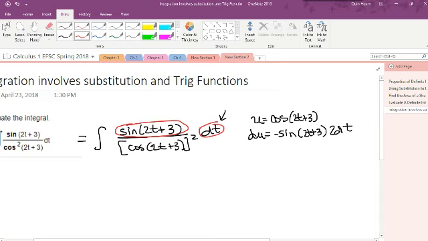Okay, so looking back at our trig function integrand, we see the sine of 2t plus 3 and the dt, which, since that's in the numerator, means that it's kind of on the same level as the dt. And so we have that and the dt, but we're missing the negative and the 2.